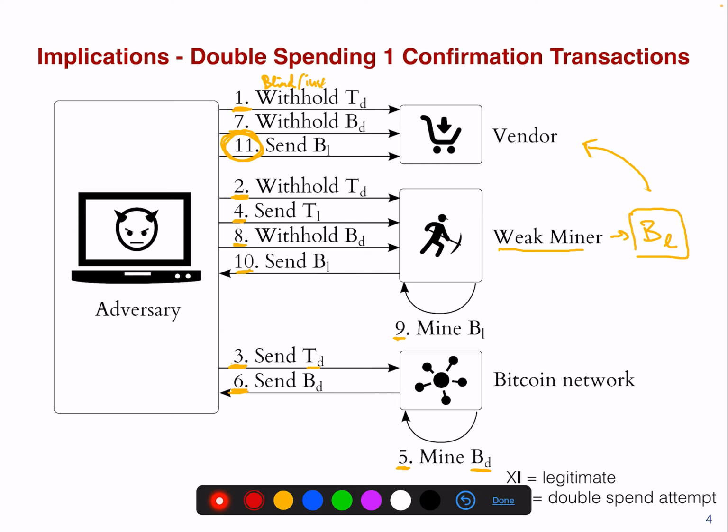And at that step, basically in 12, the vendor will say thank you, here are the goods, right? Because he has this one confirmation transaction included in a block, and he's happy. Now, what will happen afterwards is that the Bitcoin network has probably a hash rate that is quite a bit larger than the weak miner.